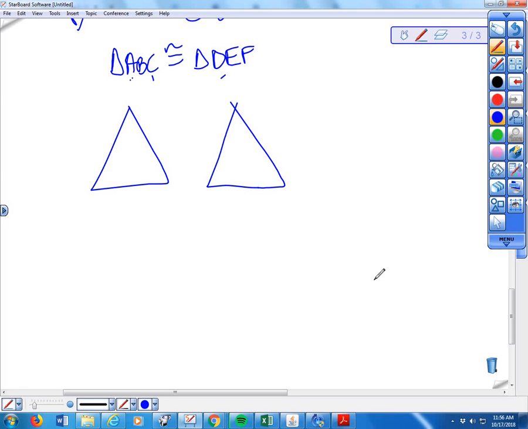And the side angle side theorem, or postulate, make it D, E, F. If I'm told one angle in one triangle is equal to one angle in the other, and the 2 sides that are around that angle are equal in measure, I can prove these 2 triangles are congruent. It's really important, though, that the angle that you're given is the included angle between the 2 sides.